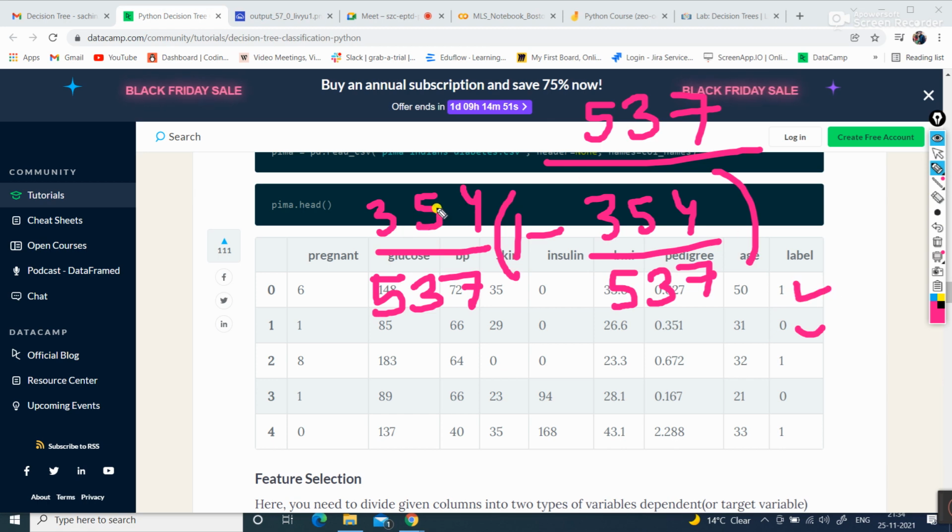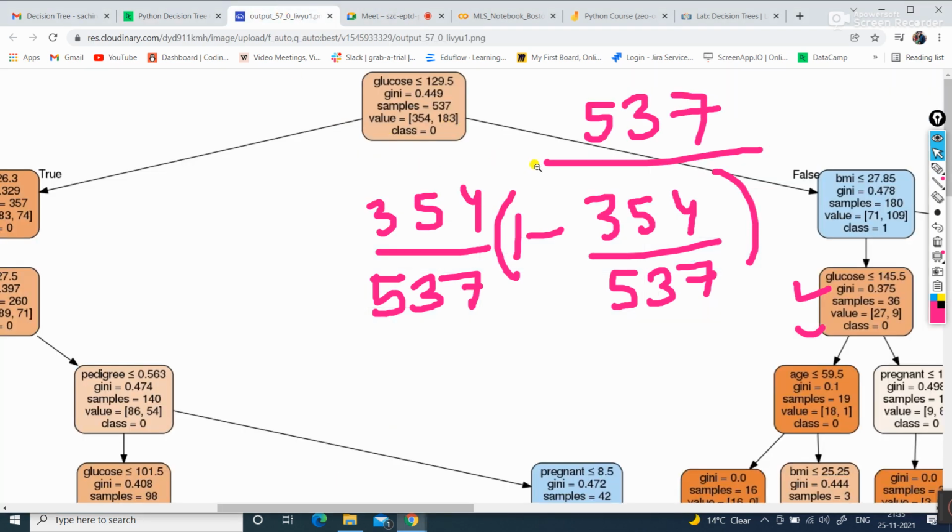That is the 354, and the next value is 183. I'm pretty sure about those respective values: 354 is for 0 and 183 is for 1.